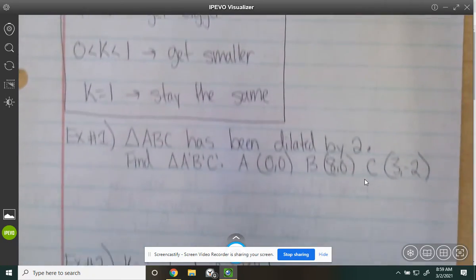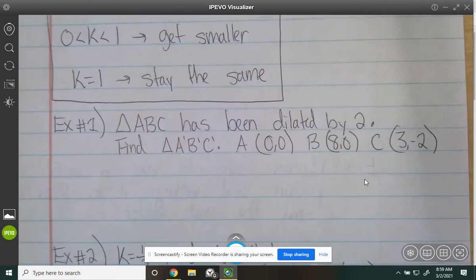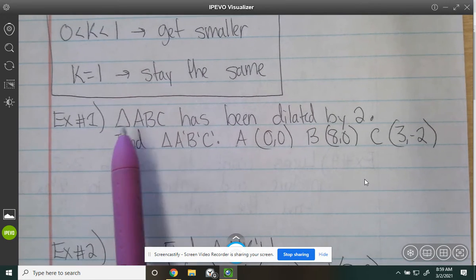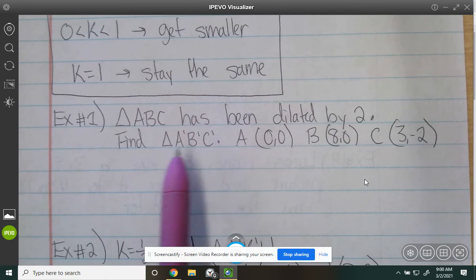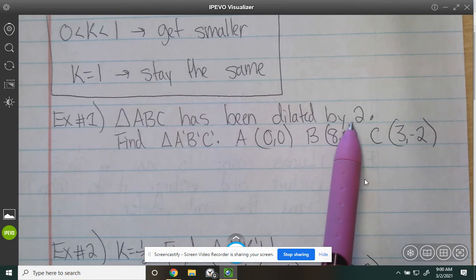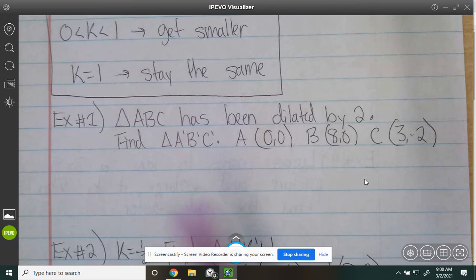Okay, go ahead and write down example 1 there. Triangle ABC has been dilated by 2. Find A prime, B prime, C prime. All I have to do is multiply every coordinate by 2.